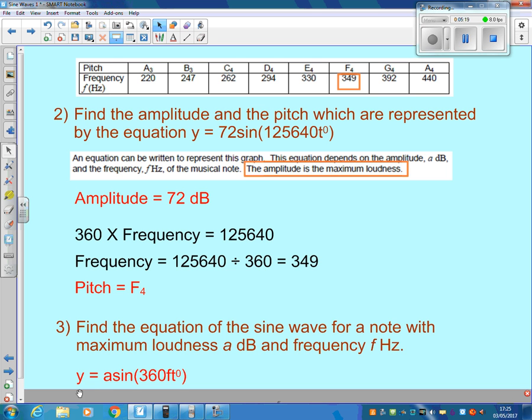So all we get is y is A, for the amplitude is the maximum loudness, 360 times the frequency times t. So y is A sine 360 f t degrees. And obviously you could slot numbers in for A, f and t if you knew any of them.